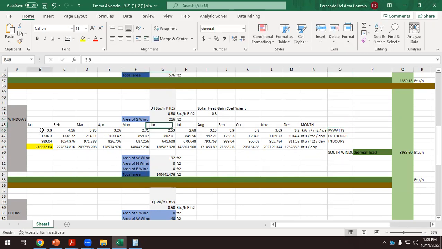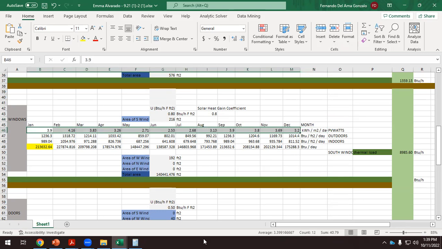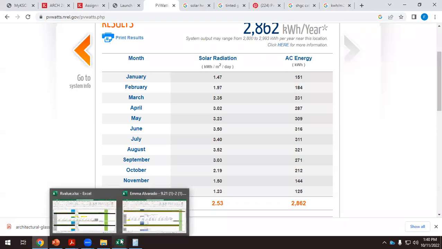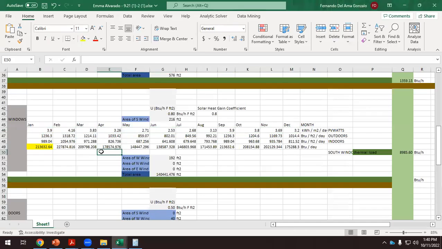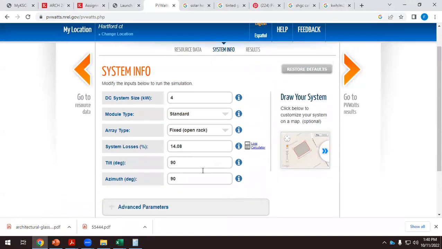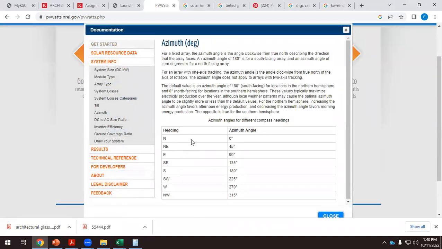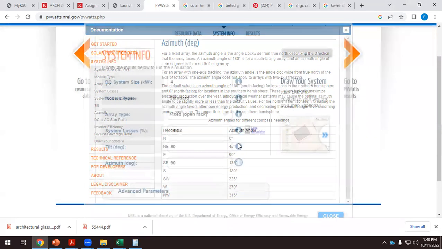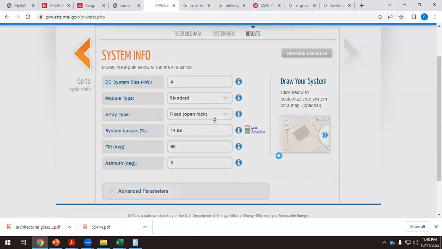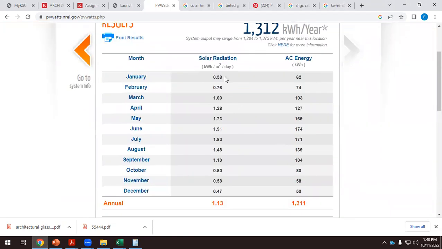On the east elevation, I have to change these numbers. So I have to type these numbers again. It's 1.47, 1.9. And then we will have to do the same with the west, and we will have to do the same with the north. So what is north? This one, 0. If the azimuth here is 0, this is a north elevation, and when we calculate, we do have some solar radiation.